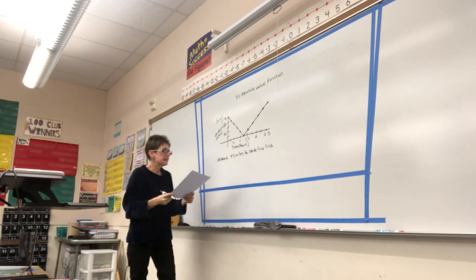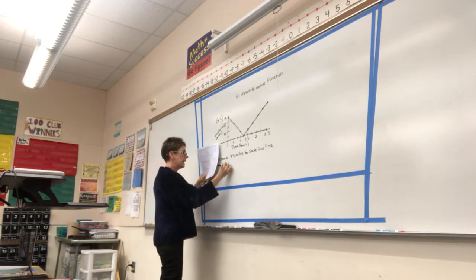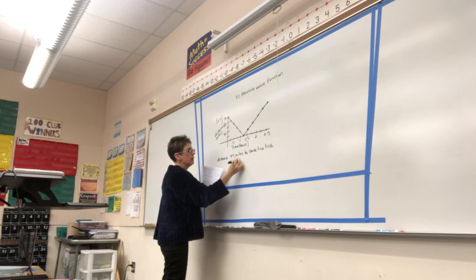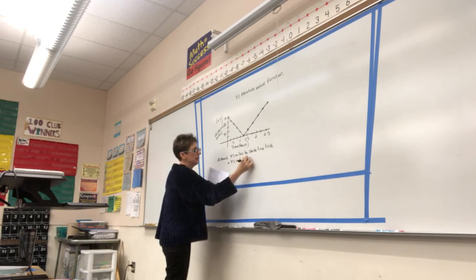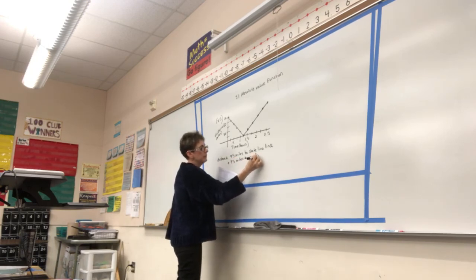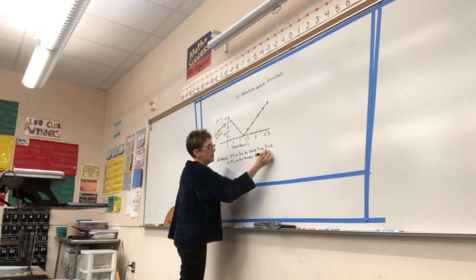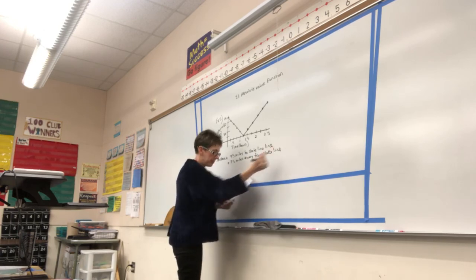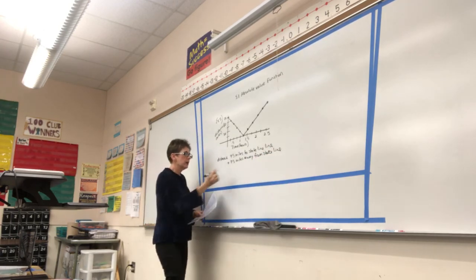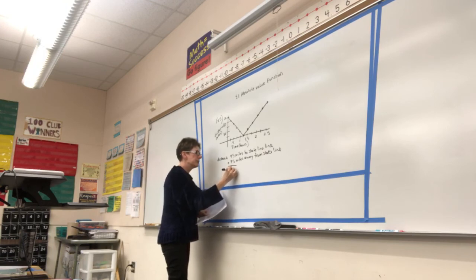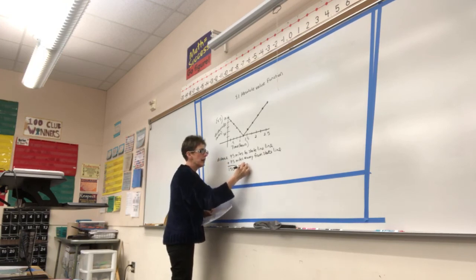So the distance is 75 miles to the state line, and then we add on another 75 miles away from the state line, for a total of 150 miles traveled.